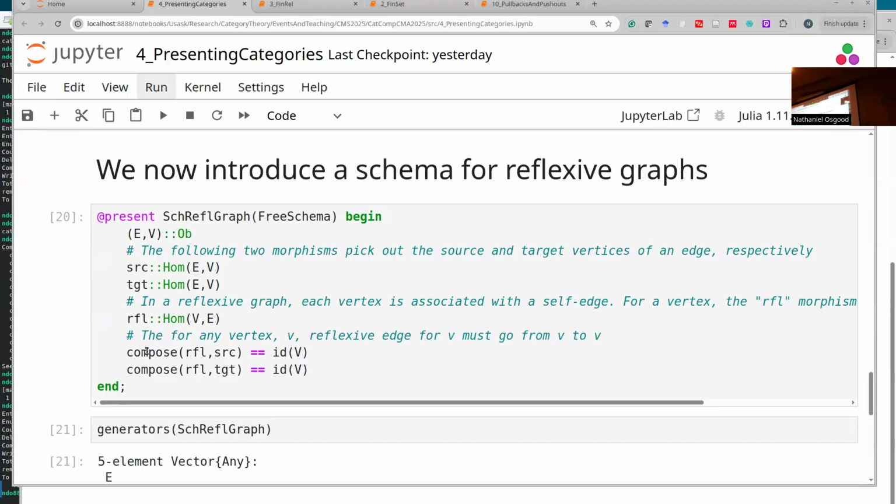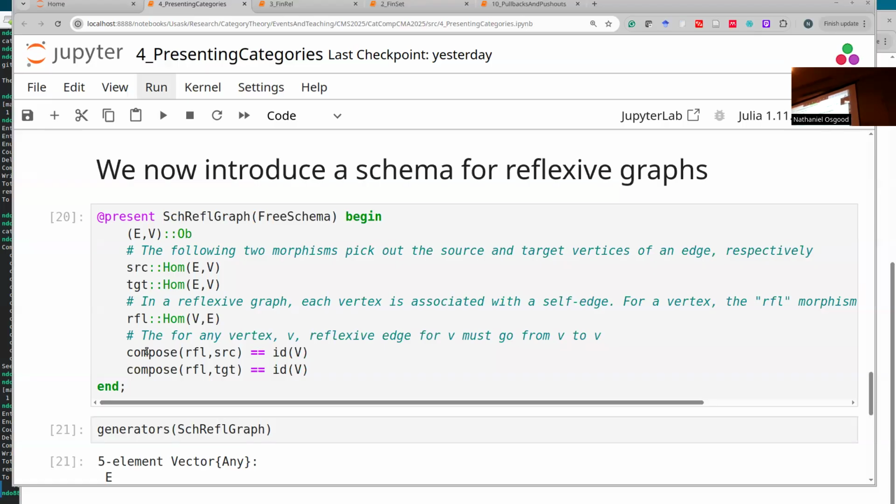For each vertex, there's an associated edge, but it's not just any old edge. That's the reflexive edge. The reflexive edge is such that its source is the vertex. Its target is the vertex as well.